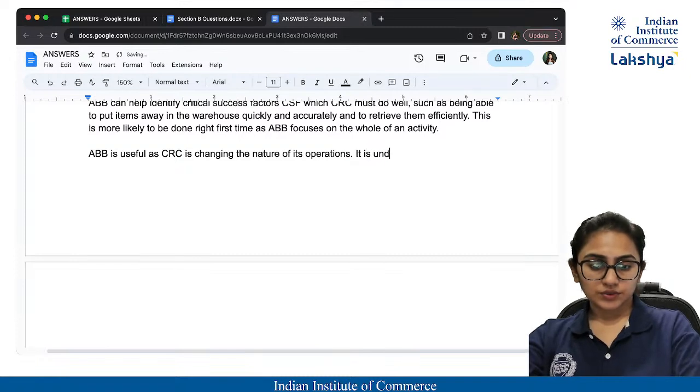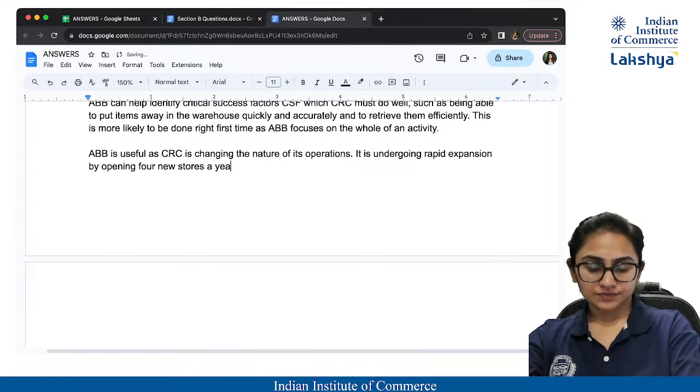It is undergoing rapid expansion by opening 4 new stores a year.